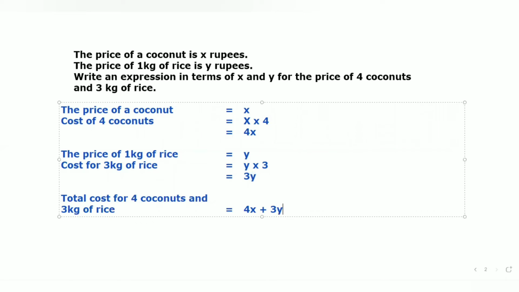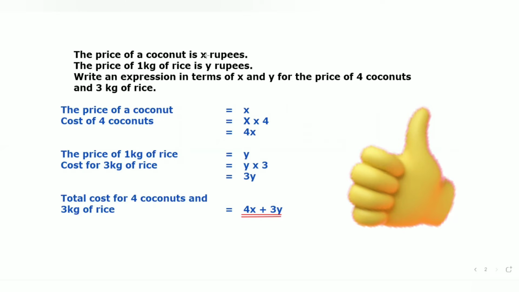So the total cost we have to spend to buy these things is 4x plus 3y. I hope this is clear to you all.